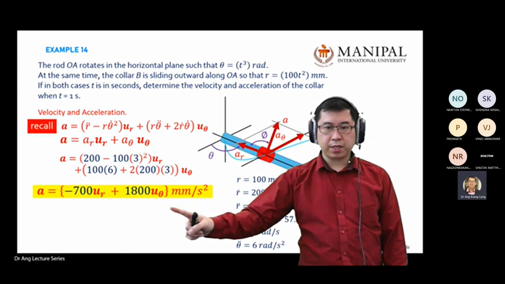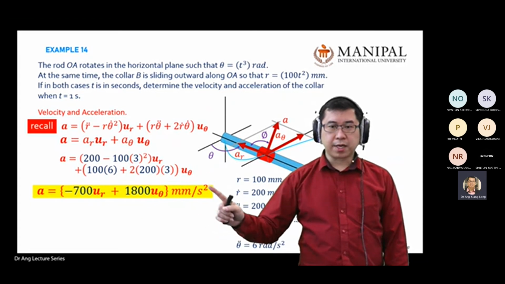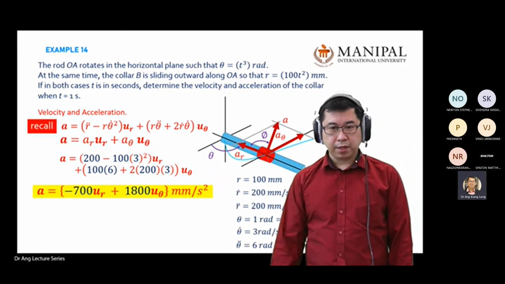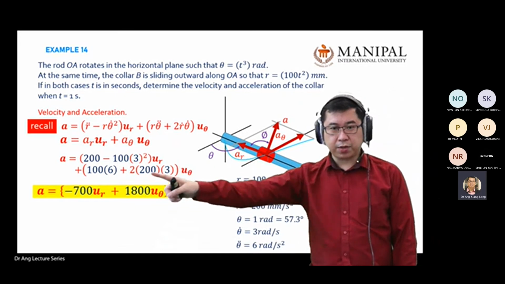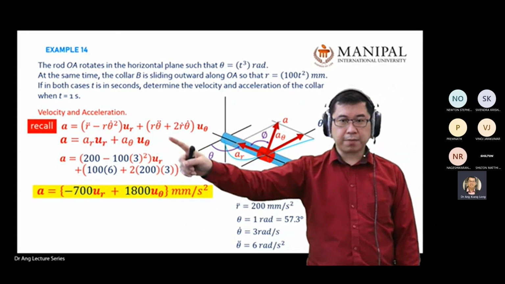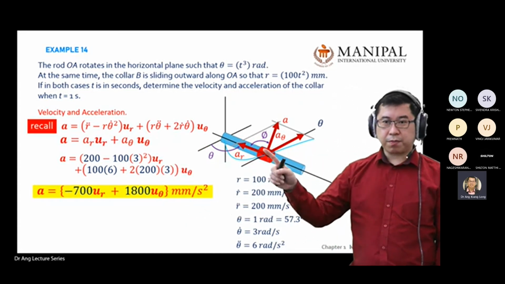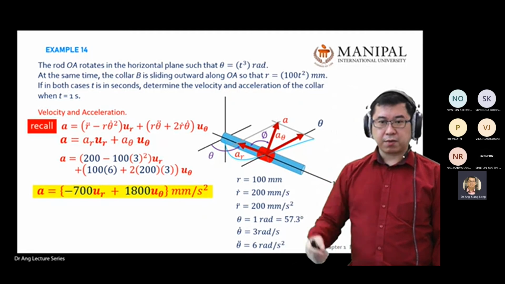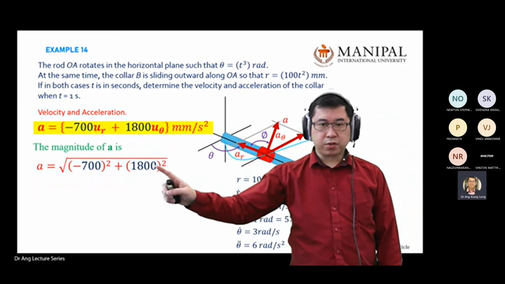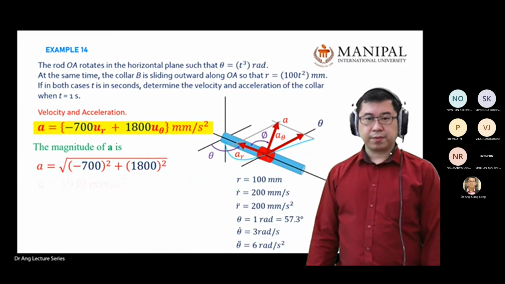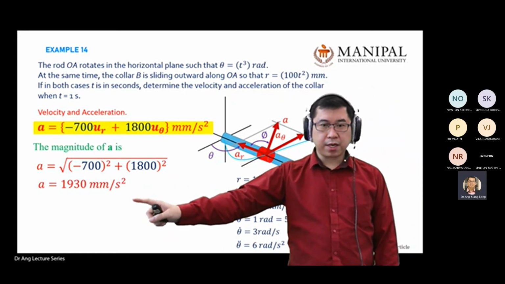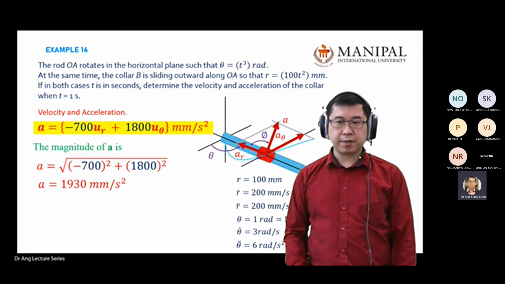Remember to give the unit mm per second squared. Okay, acceleration unit. So from here, you should be able to identify which one is AR and which one is A theta, by comparing the equation side by side. You input your values over here and find what your A is. Okay, so A squared plus squared, square root. You get the acceleration magnitude is 1930 mm per second squared.